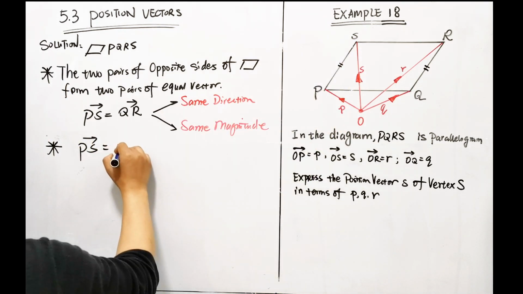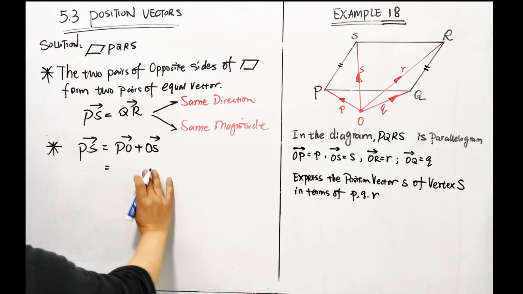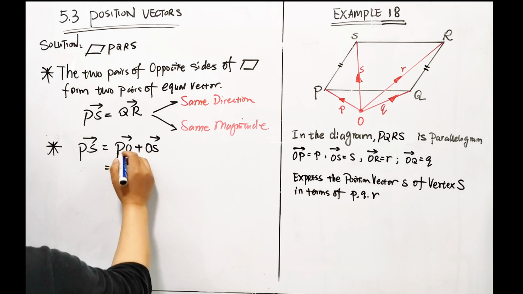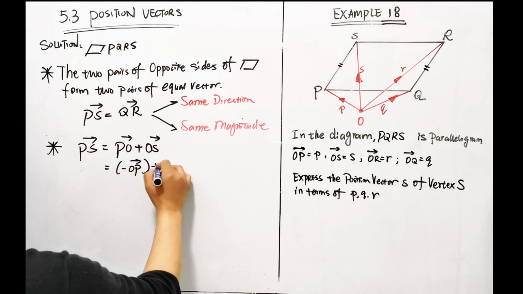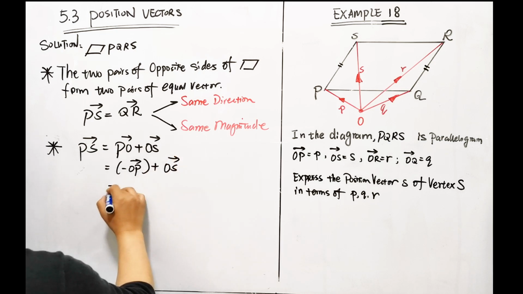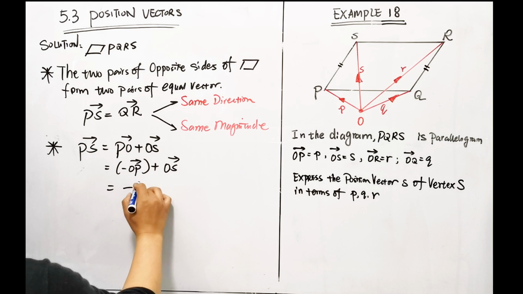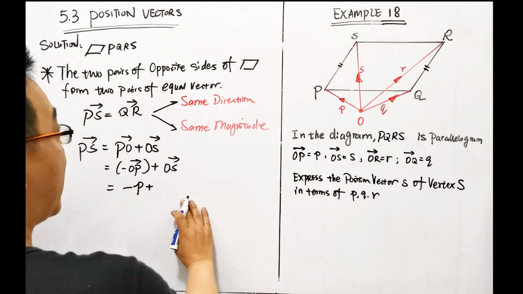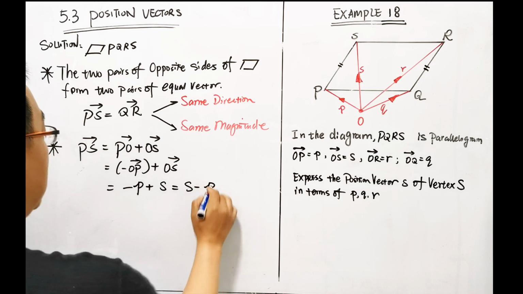PS equals PO plus OS. What's PO? PO is the opposite of OP, so it is minus P plus OS. What's OS? It is S. So in this case, PS is S minus P, right?